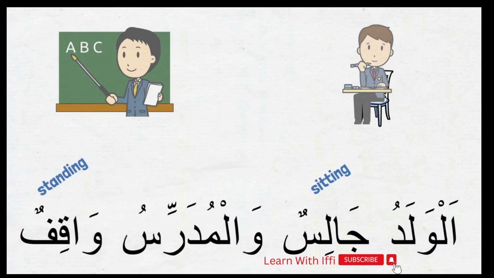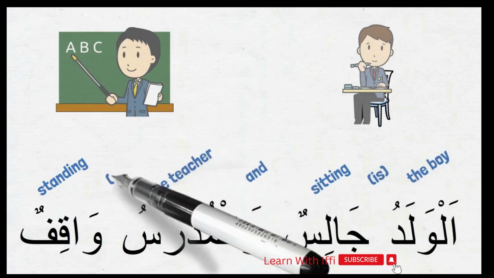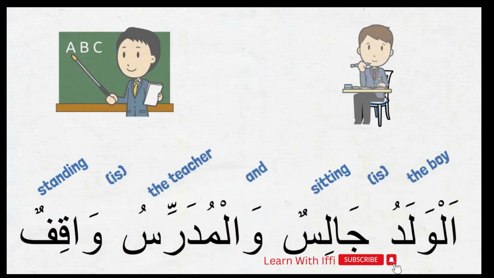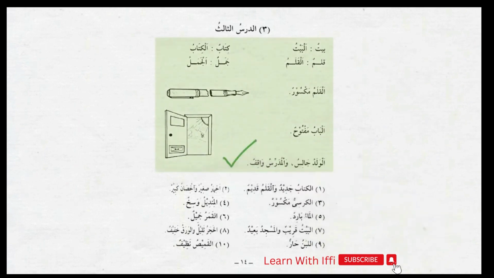So, al-waladu jalisun والمدرس واقف means the boy is sitting and the teacher is standing. Here again, the speaker and the listener must have talked about the boy and the teacher before, so both of them know which الولد and المدرس they are talking about. Now we are done with the top half of page 14.